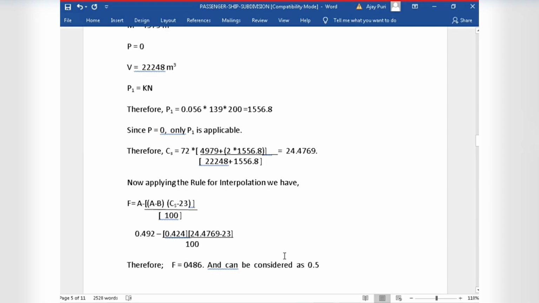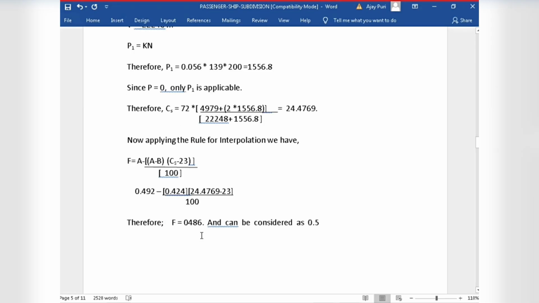You have A, which is 0.492, and A minus B, you have these figures. Then CS, you get this figure, minus 23, divided by 100. You subtract that and you get a figure here.